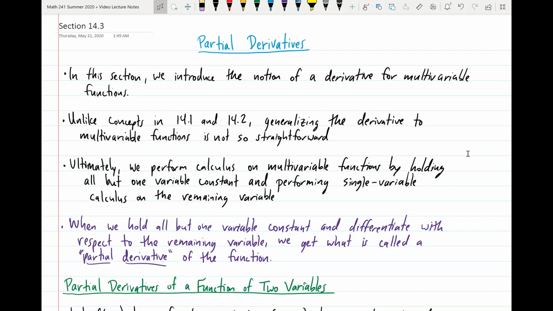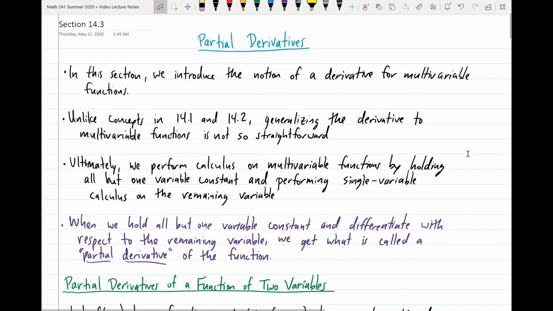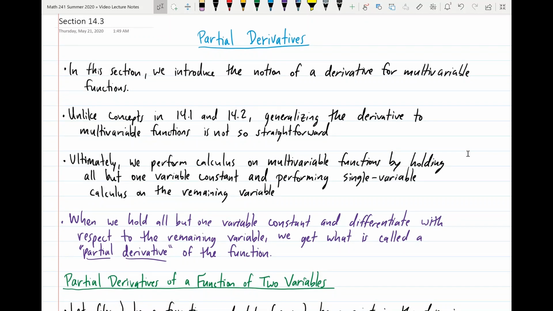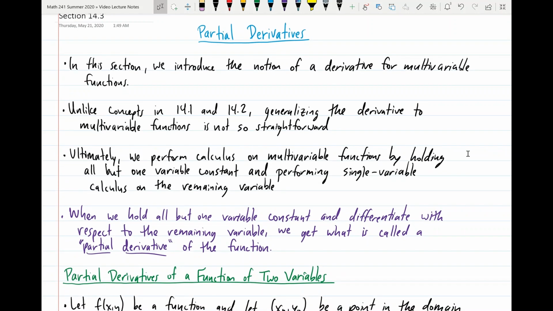And unlike the concepts in 14.1 and 14.2, where we gave definitions for limits and continuity, generalizing the derivative to multivariable functions is not going to be as straightforward. There's a little bit more work to be done.